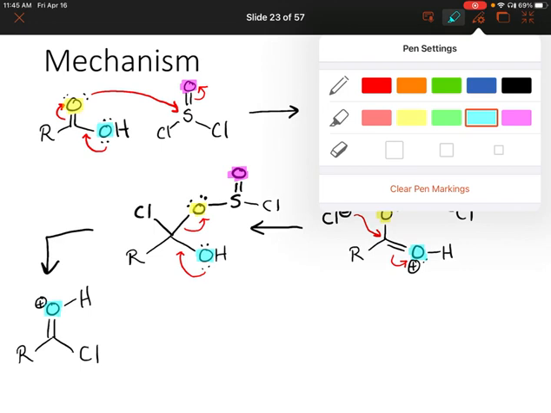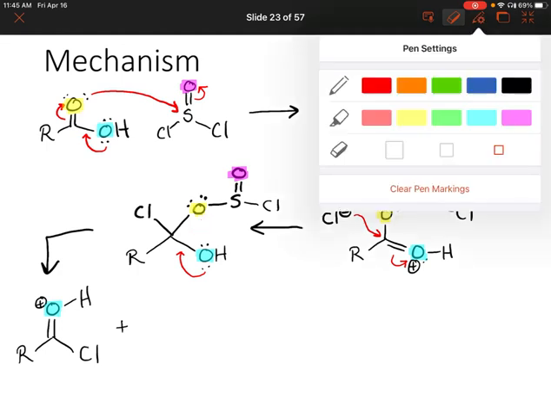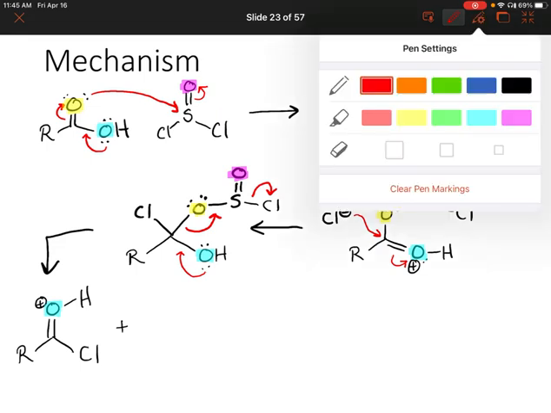We've also produced, oh, I forgot one step up above, I apologize. So we're actually going to move electrons over to make a double bond between the yellow oxygen and sulfur, and then chlorine's going to leave. I was thinking too far ahead, I missed that step.